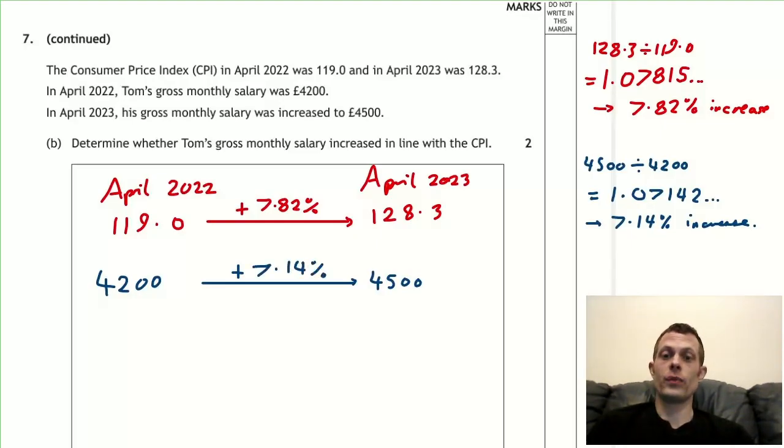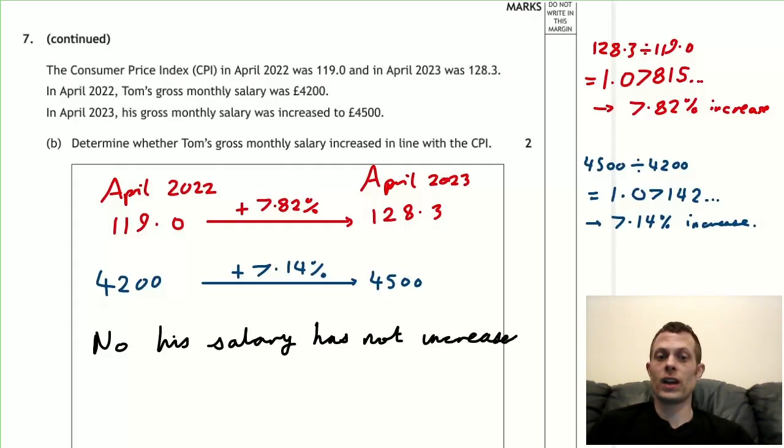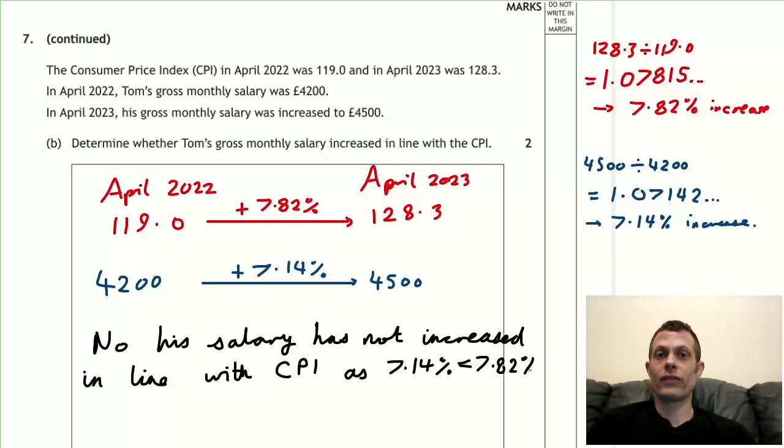So that's the conclusion. No, his salary has not increased in line with the CPI because the 7.14% is less than the 7.82% increase. So it appears the times are hard, but we have to do the best that we can under the circumstances.